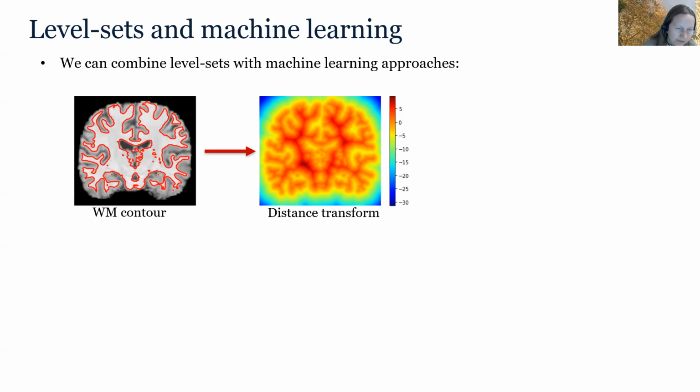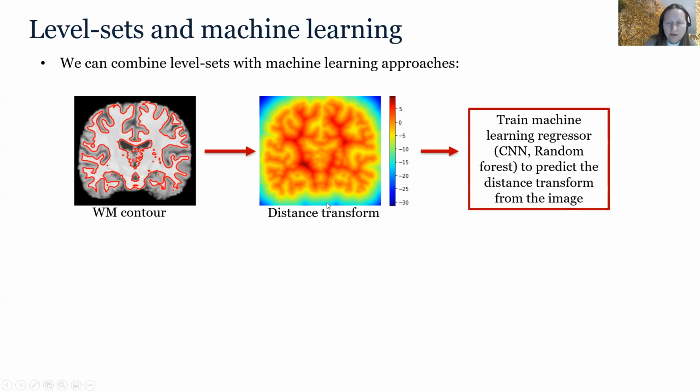And once we have the distance transforms for all the different images, we can train a machine learning regressor such as a CNN or a random forest to predict the distance transform from the image.